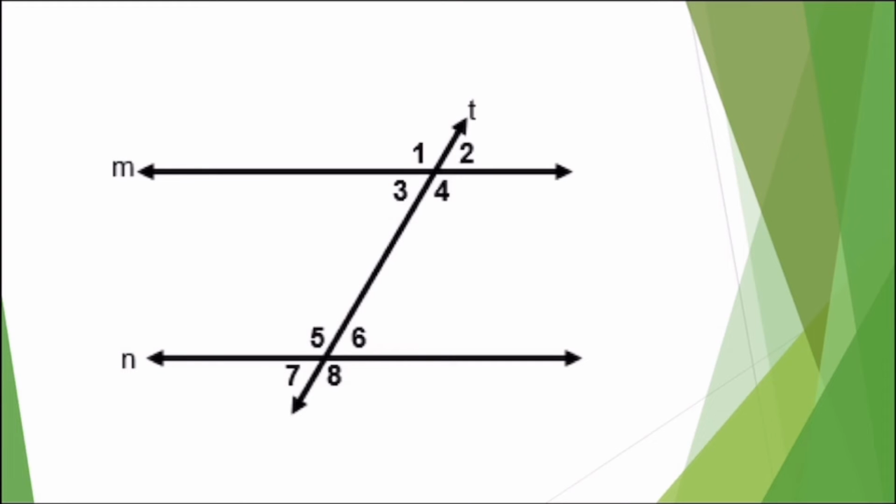Line P is a transversal of parallel lines M and N. Based on the exploration of parallelism and perpendicularity of lines and segments, the following postulates and theorems generalize some conditions that guarantee which lines and segments are parallel or perpendicular when cut by a transversal, as discussed in the slide.